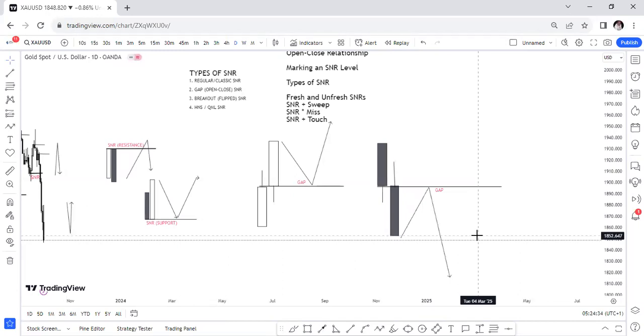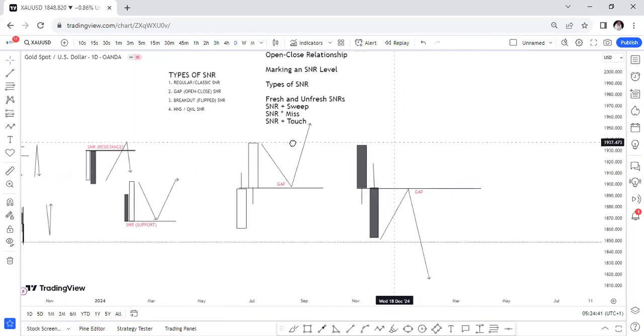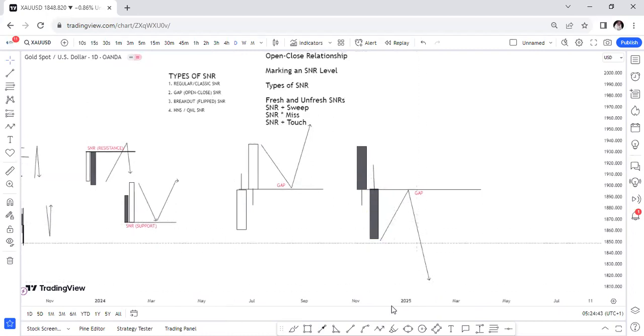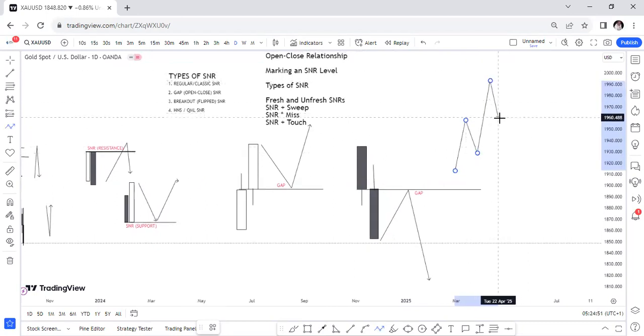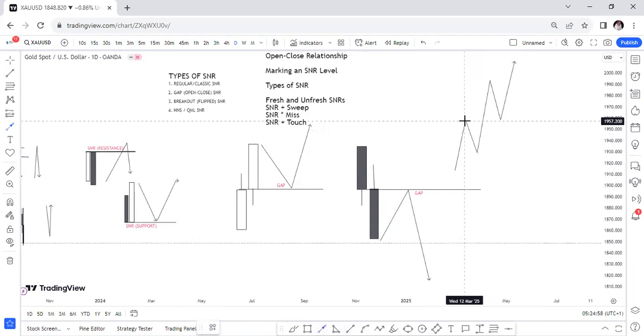Then we talked about the next one, which is the breakout. Breakout is simply something like this. When you have something like this, tap into this, go sideways, breakout. This is the breakout.